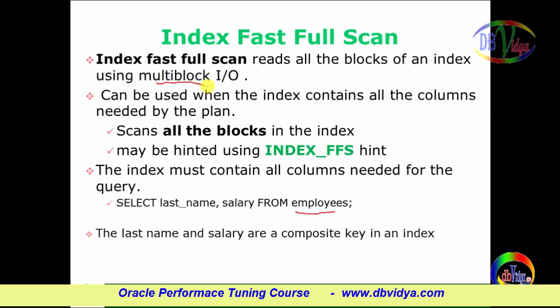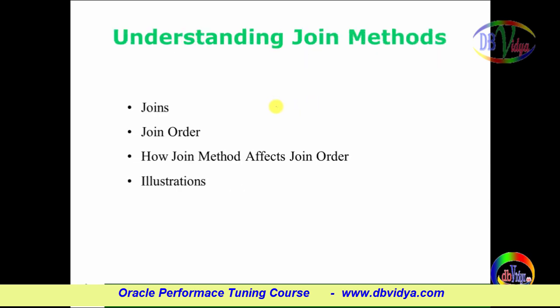Multi-block IO. Whatever value is set for this parameter, that many blocks it will retrieve. Retrieve what? Not the table blocks. It will bring the index leaf blocks' values. So that is what is called index fast full scan. It is represented with INDEX_FFS. That's the hint used. So that is about all the access methods.